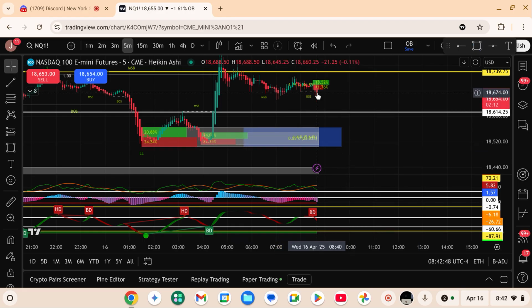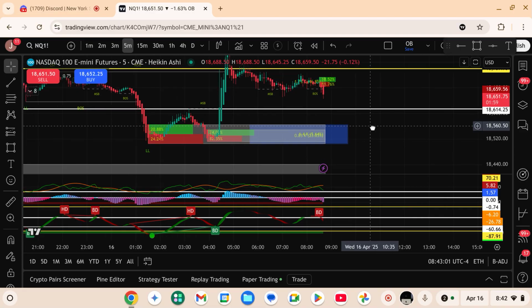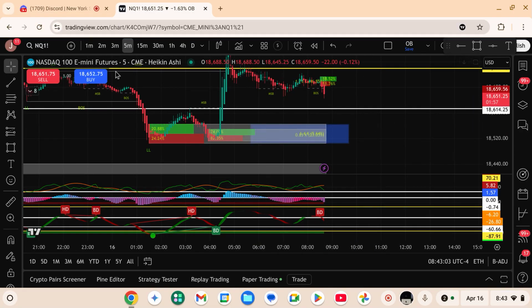Because it could come down here, take this out, target this order block, and then come back up here to retest this order block, and then drop down from there. So let's draw that up and then look at the 1 minute.